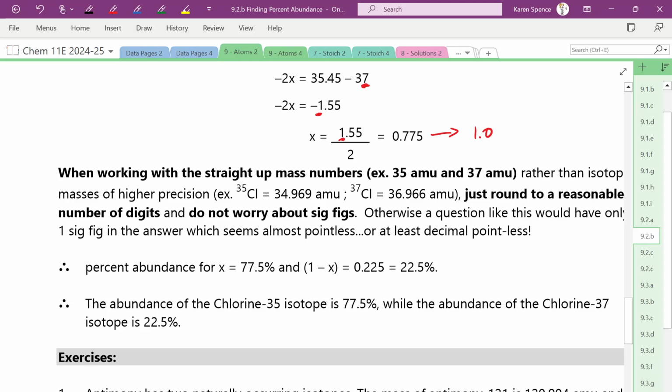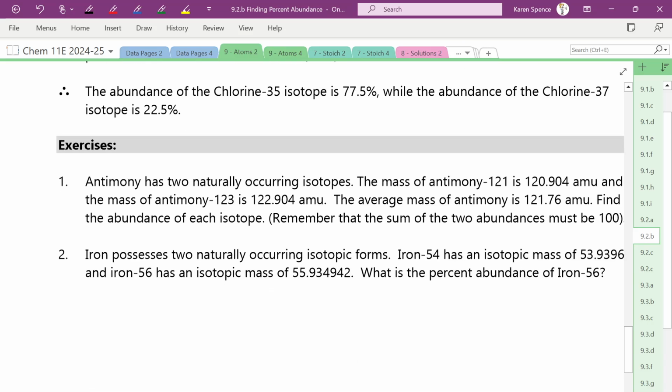It's like, oh, it's 100% chlorine 35, which it obviously isn't. So probably you would not get something like this and be expected to do something with sig figs. Do you know what I mean? Percent abundances and sig figs can get messy, but most of the time we give you lots of digits to work with. For example, our first one, antimony 123, is 122.904. So you've got lots of sig figs, yes?